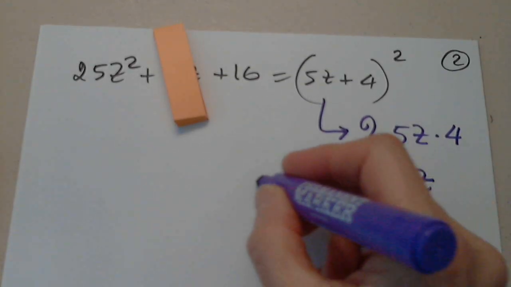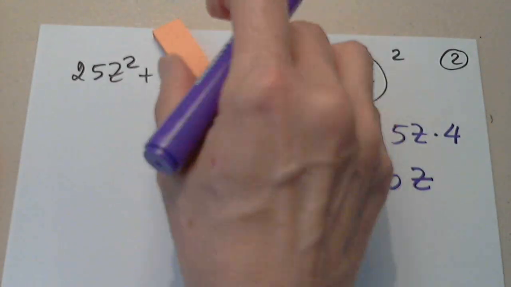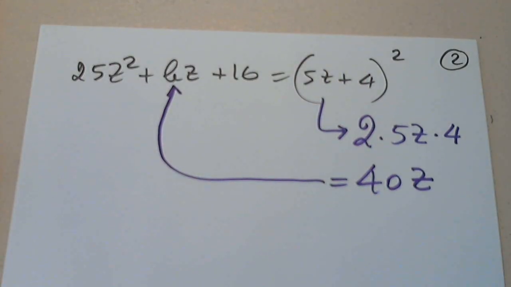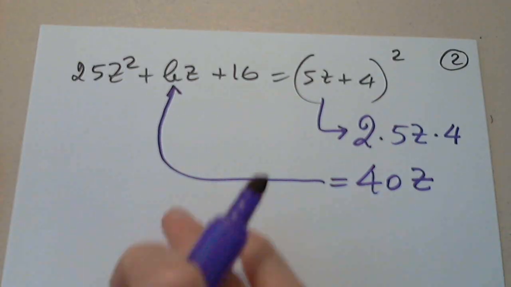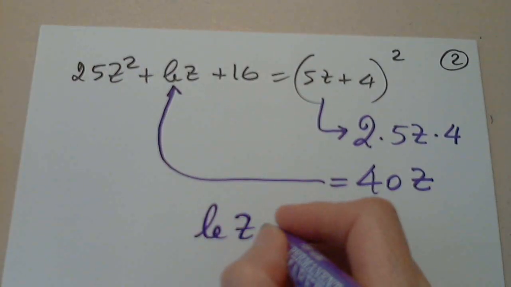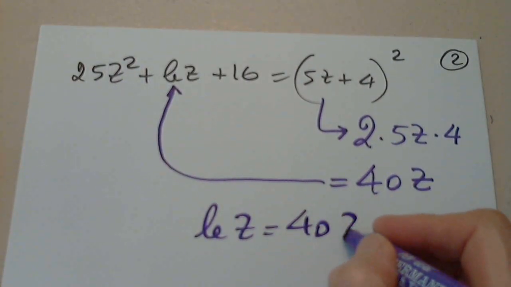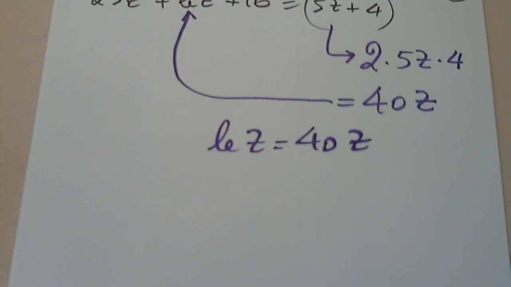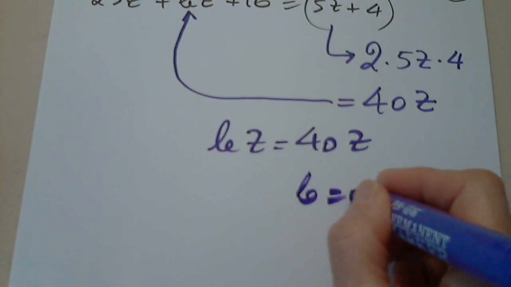But 40z has to equal this. Otherwise, the left-hand side does not equal the right-hand side. So bz must equal 40z. So how much is b? 40? Indeed.